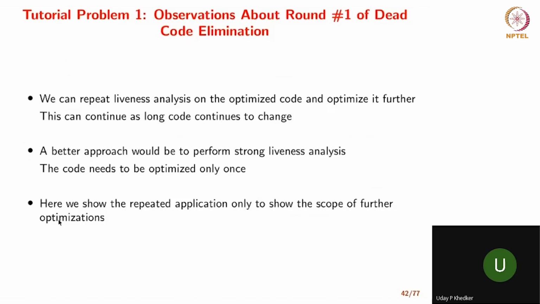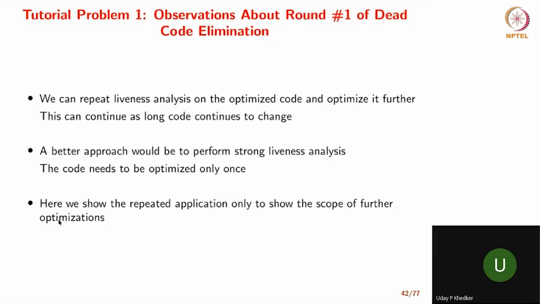A better approach would be to perform strong liveness analysis, which takes the transitive closure of this information, telling us the transitive closure of what is dead, and it gives us more precise liveness information. The code needs to be optimized only once.